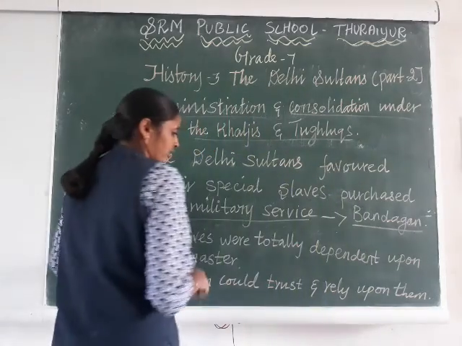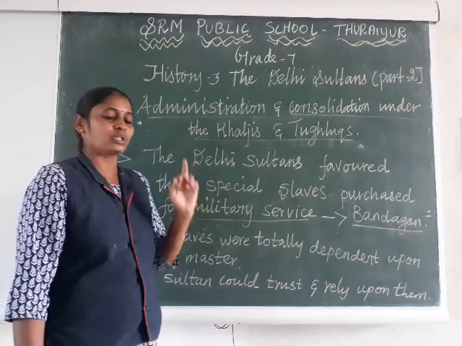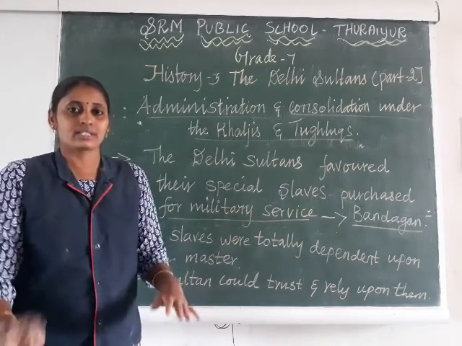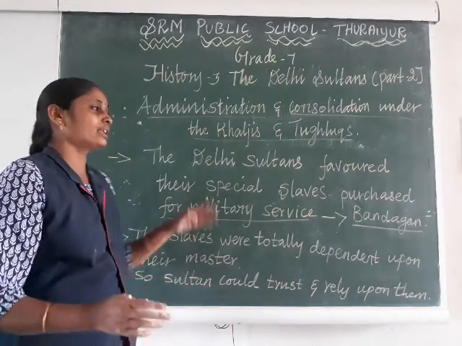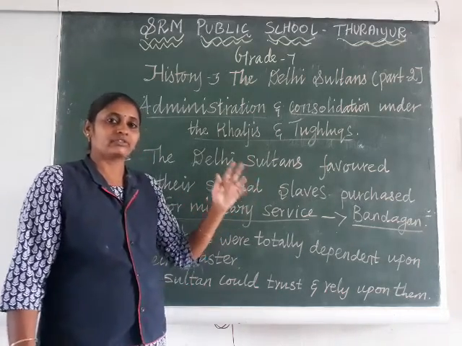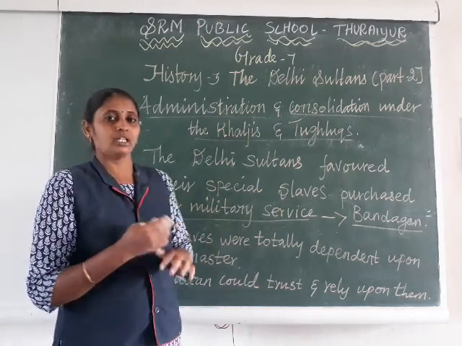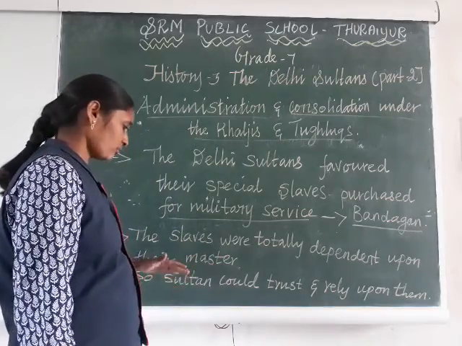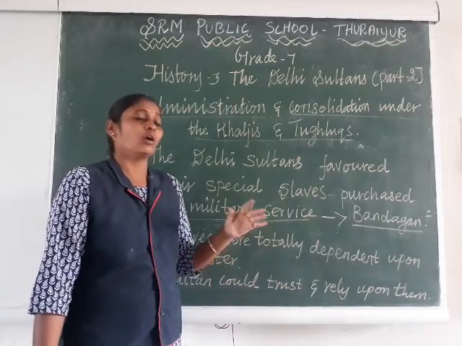The slaves were totally dependent upon their master, and they never skipped the words of their master. That is the reason the kings selected their slaves for their security and safety works. The sultans could trust and rely upon them.